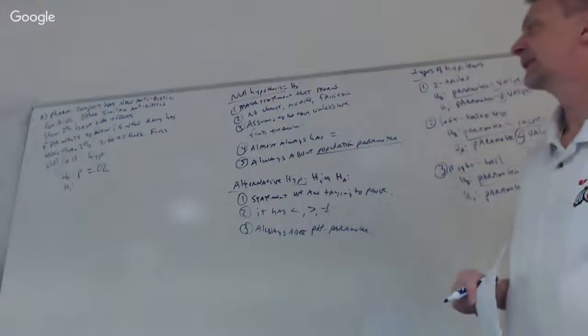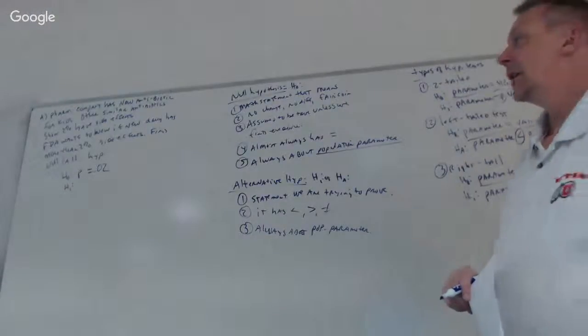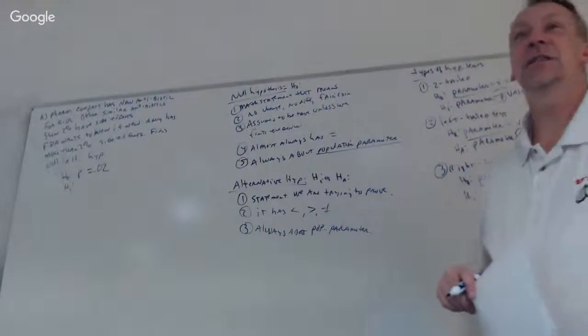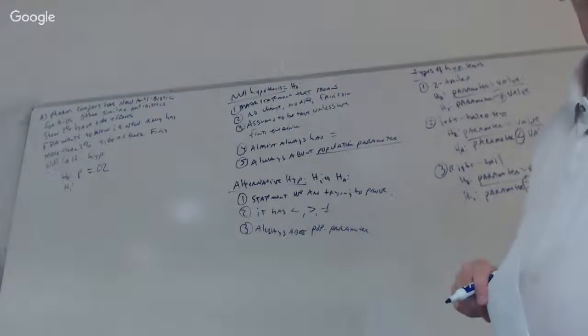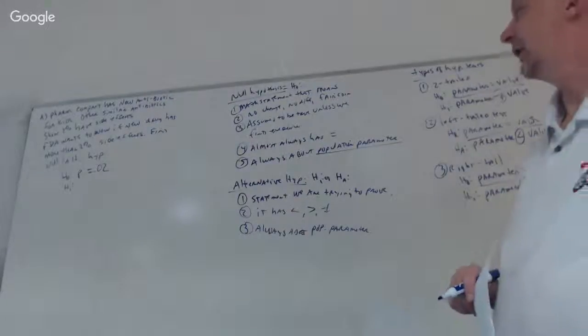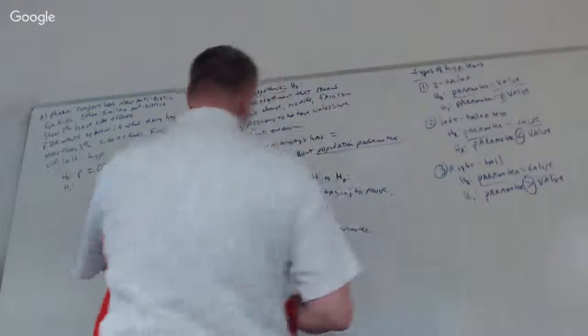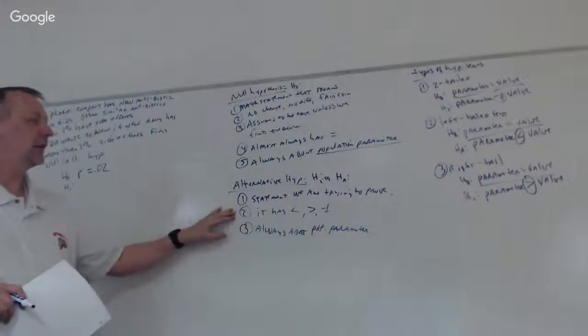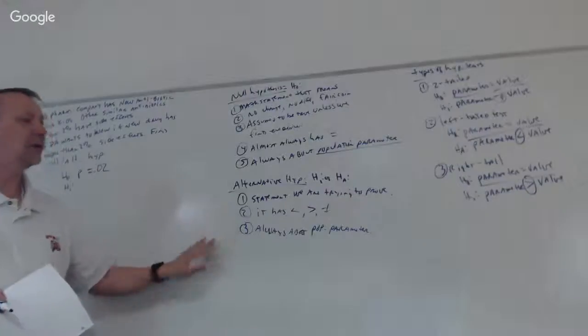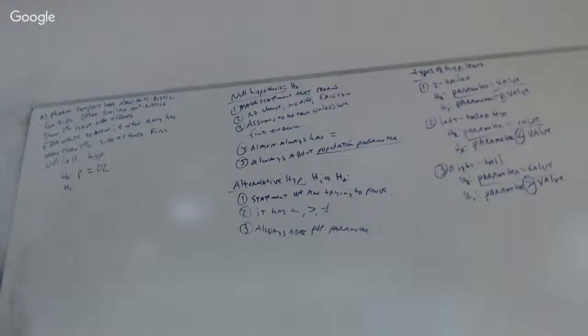Okay? All right. So now that Chase did so well on that, we're going to pick on Juan. Can you come up with an alternative hypothesis? Just as a reminder, the alternative hypothesis is a statement we are trying to prove. It has a less than, a greater than, or a not equal sign, and it's always also about the population parameter. So whatever letter we picked on the first one, we're going to pick again on the second one.